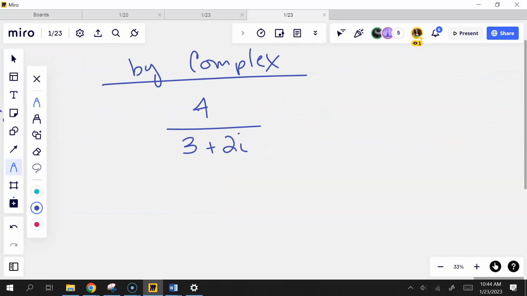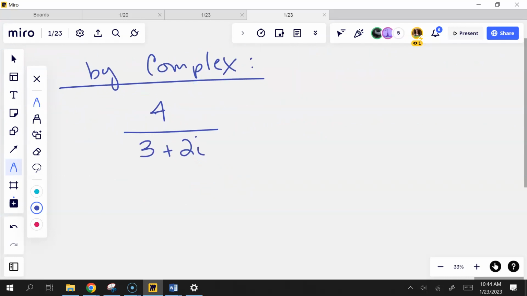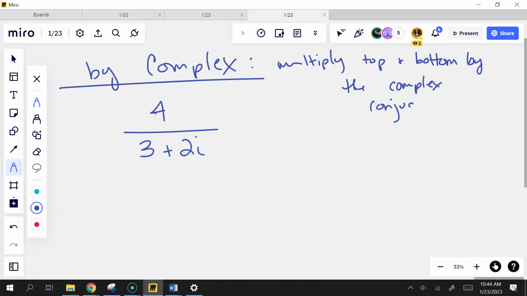When you divide by a complex, I'm going to multiply the top and bottom by the complex conjugate of the bottom. What does that mean? Okay, so what am I multiplying top and bottom by here?